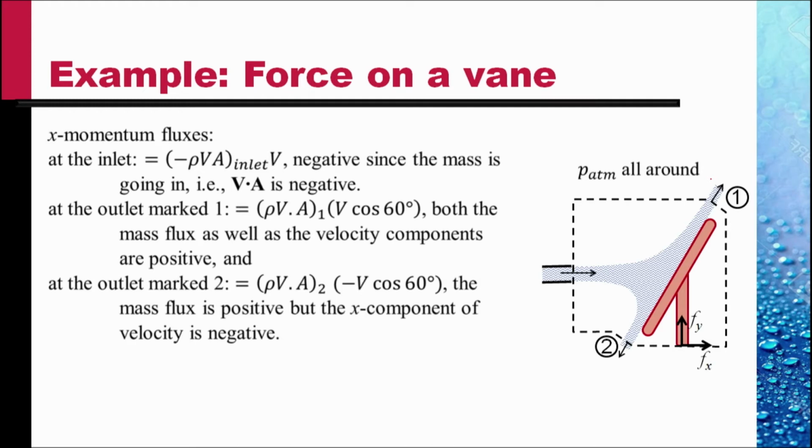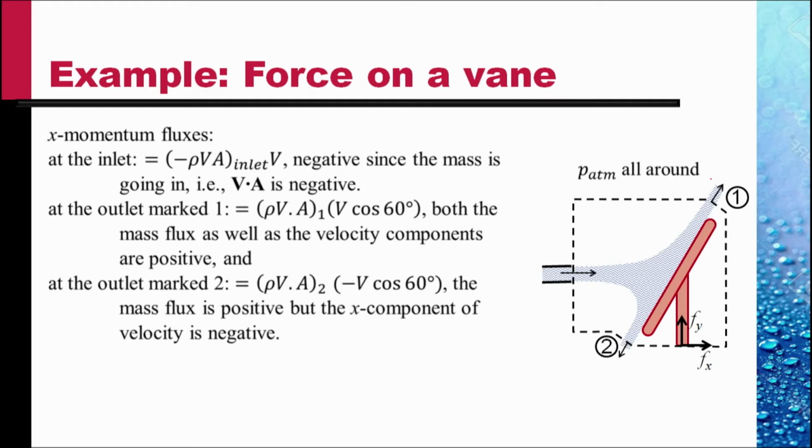At the outlet marked 2, rho VA, the mass flux is positive, it's coming out. But the x component of velocity is negative, minus V cosine 60 degrees.